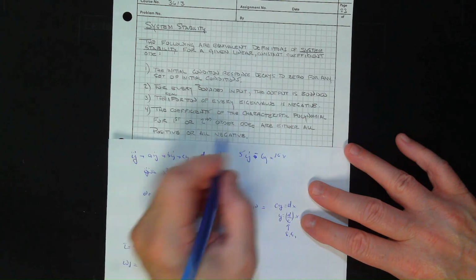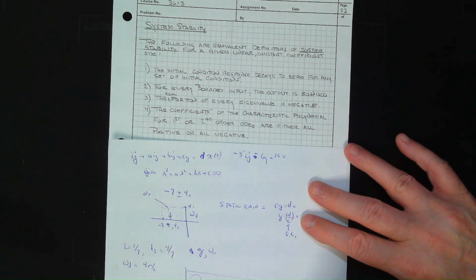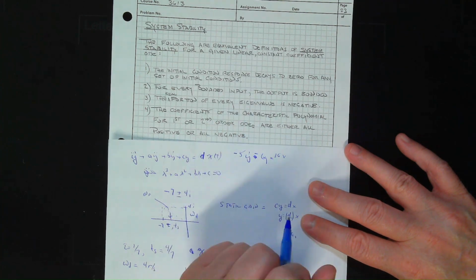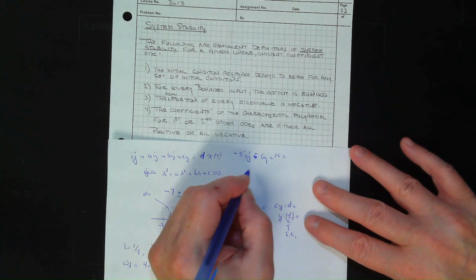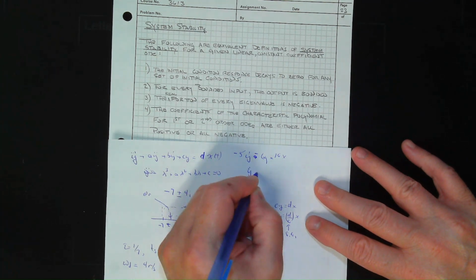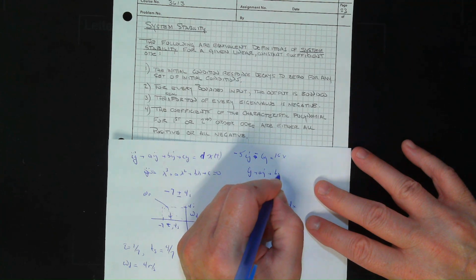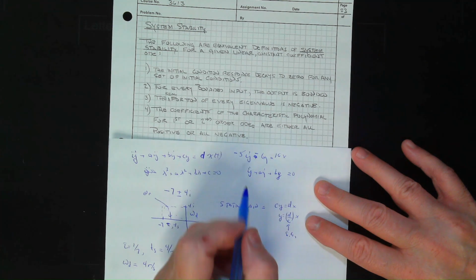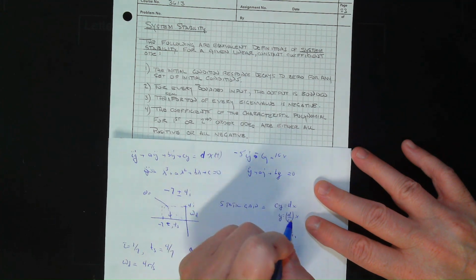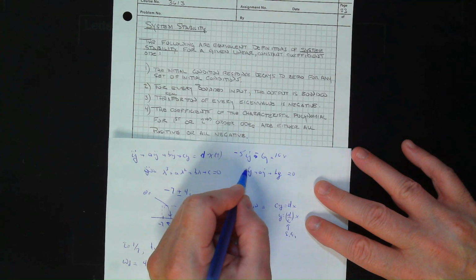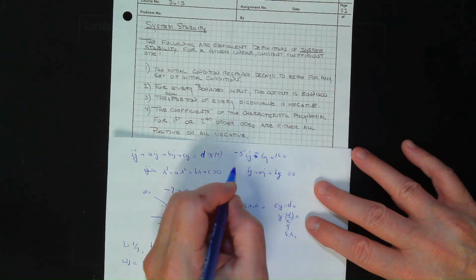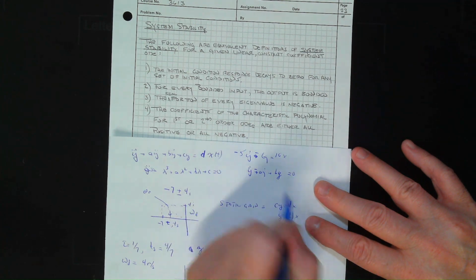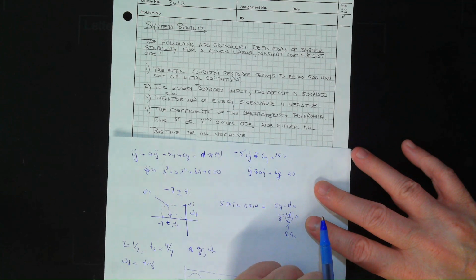Having said that, if I were to put a minus sign over here so they're both negative, then it would be stable again. For a second order, y double dot plus a y dot plus b y, and this is based on the characteristic polynomial, so I'll set it equal to 0. If these are both positive, it's stable. And this is a 1, it has to be positive too. But if you just have one of these be negative, so positive, negative, positive, this will be unstable.